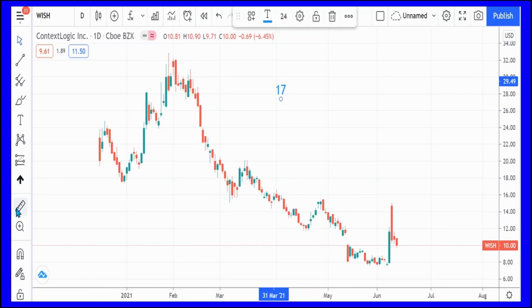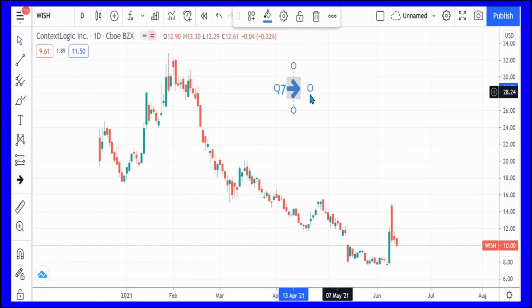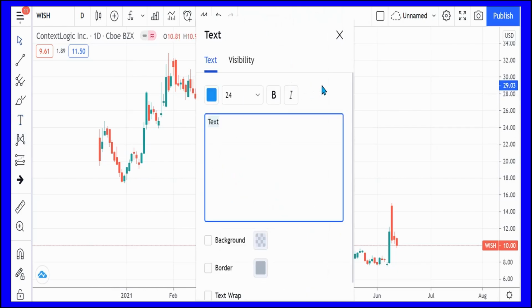Then in the second round, it retraces up, then it falls again. In the second round, it fell about $8, 8.6. So from 17 it went to 8.6.